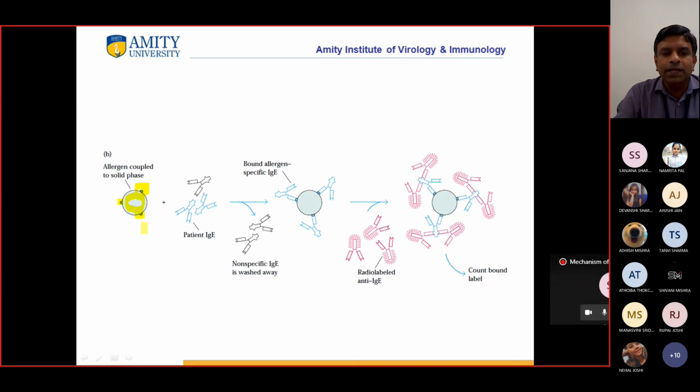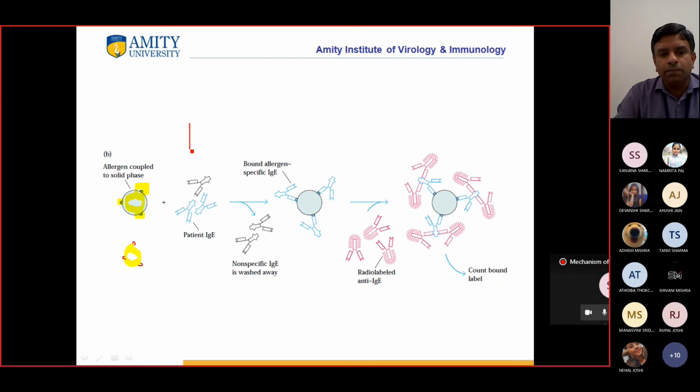So you can make hundreds of such beads. You can make another bead which is having another allergen. You can have more beads with more allergens, but you have allergens which are coupled to this solid phase, right?